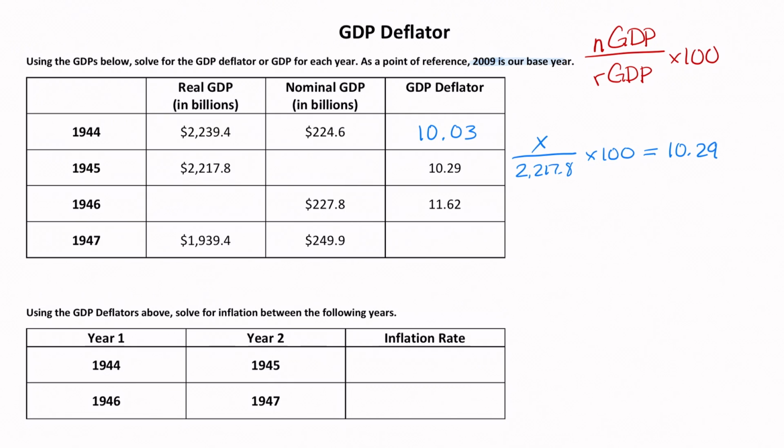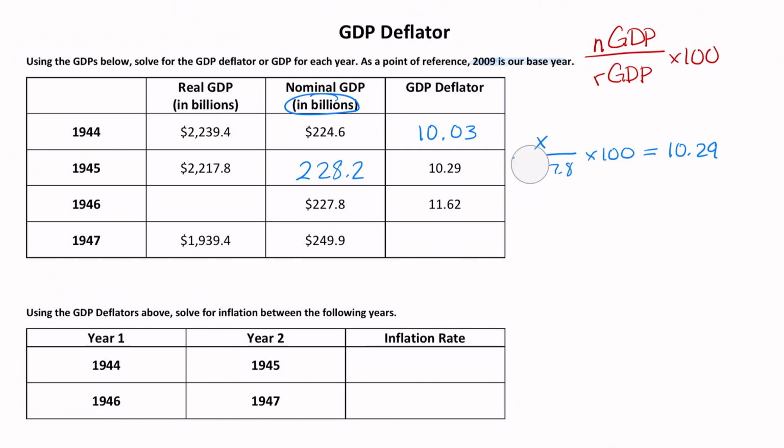And what we end up getting for our nominal GDP here, we should end up with 228.2. If you guys notice, I had said that this is in billions of dollars, just so you know, it's not $228. It's in billions. And so we're just doing it this way for now because it makes it easier than writing out all of those zeros.